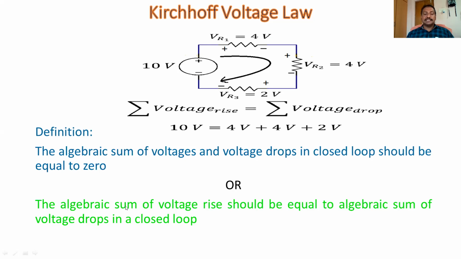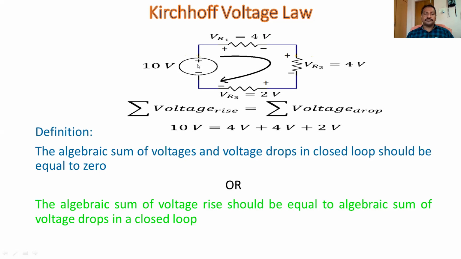There is another way. The algebraic sum of voltage rises should be equal to the algebraic sum of voltage drops. Or the algebraic sum of voltage rises and voltage drops in a closed loop should be equal to 0. So this is also a way to see what is the voltage rise and what is the voltage drop.